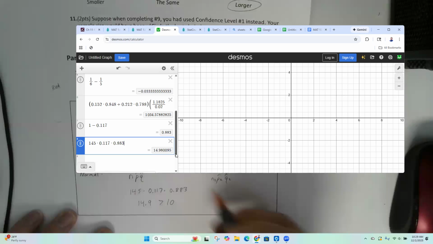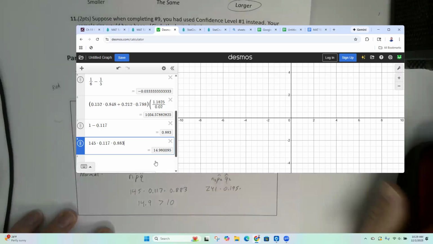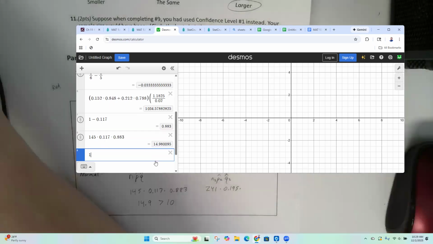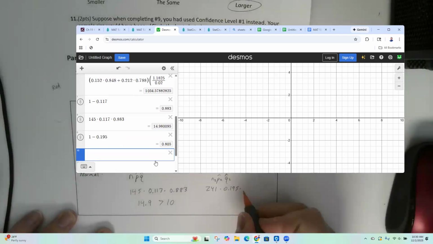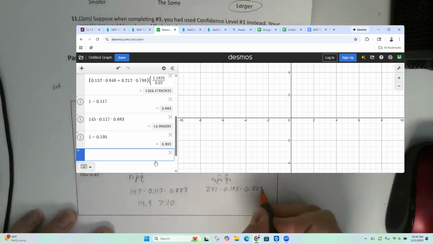Do it again over here for Skittles. For red, for me, 0.195 times 0.805.